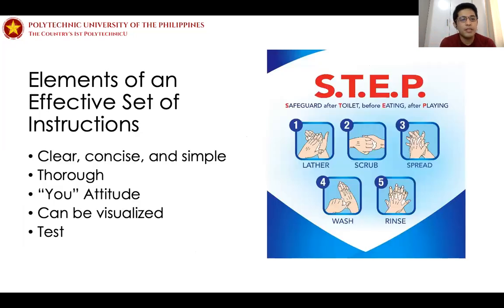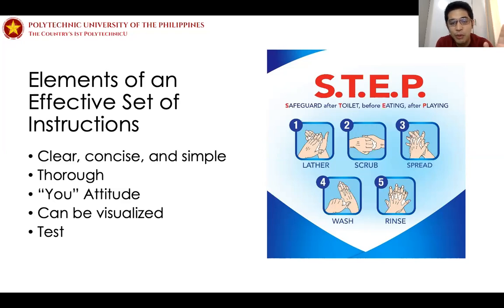Now, elements of an effective set of instructions, we have to observe 5 items here. We have to make sure that our instruction is clear, concise, and uses simple words. When we say clear, that means there shall be no room for questions. All expectations are answered. When we say concise, we must use as few words as possible, but we are supposed to deliver the same message to the recipient of the instructions.